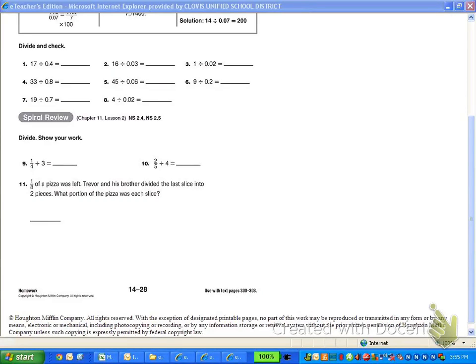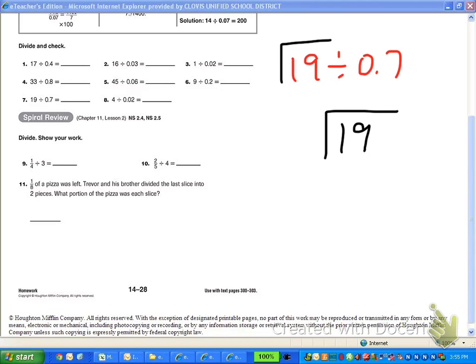Let's look at number 7. 19 divided by 0.7. Remember, the first number goes in the box. So what this is saying is 19 is divided by 0.7. Move it over 1. Add 1 0.